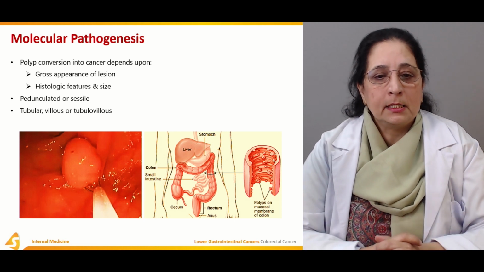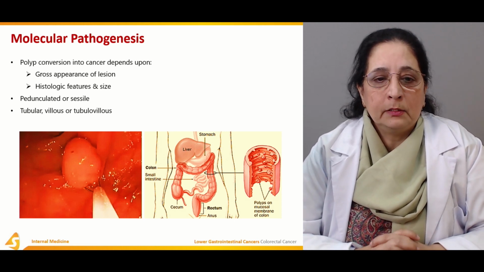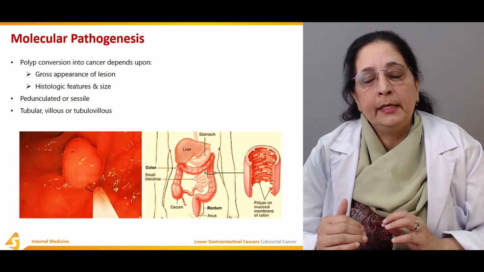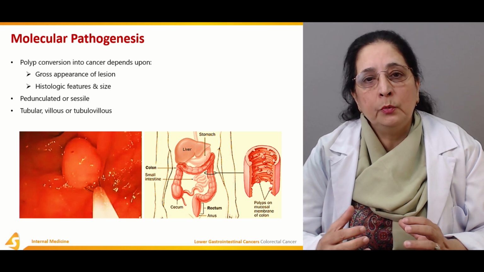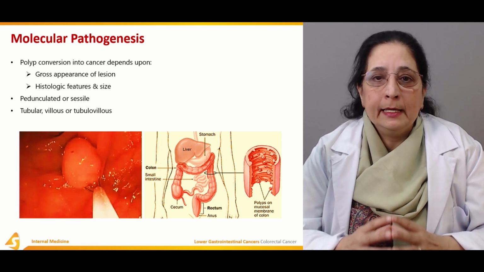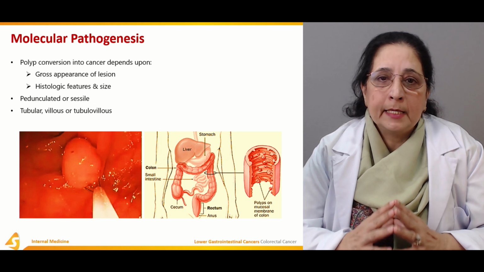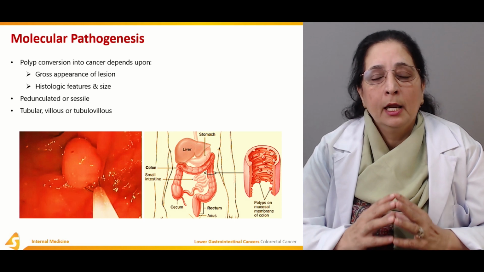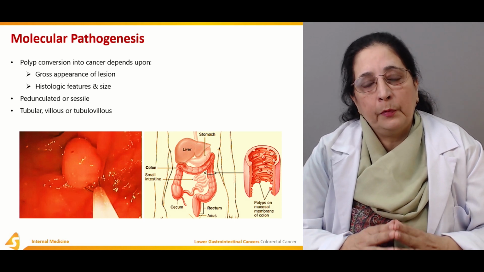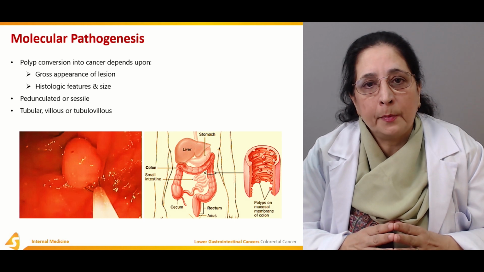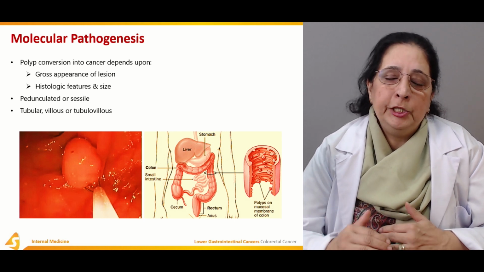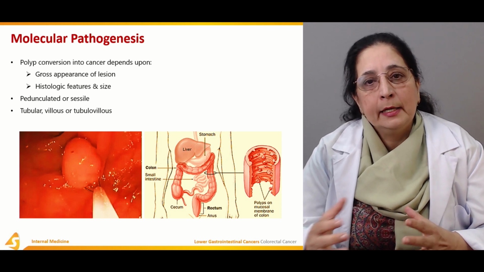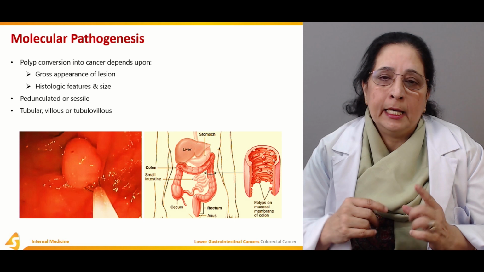Tubular, villous, or tubulovillous are the different types of polyps which have more tendency to grow into malignant cancer. So polyps can change into malignancy. Polyps in the colon should always be followed properly and biopsied to look for any changes that can lead to cancer.